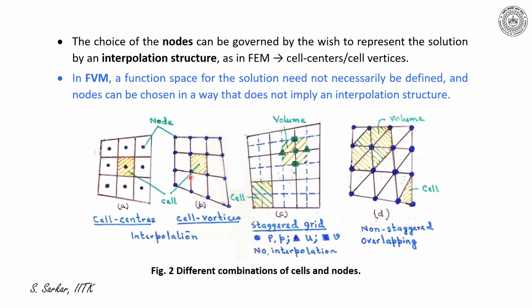In both cases, we need some interpolation function to evaluate fluxes at the surface of the cell, which has been indicated by hatching. So in this figure, A and B have indicated node and cell.